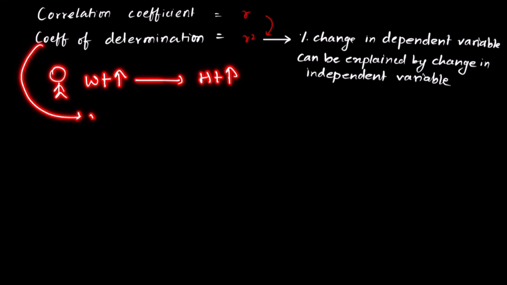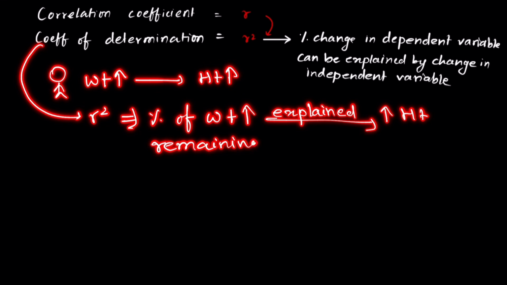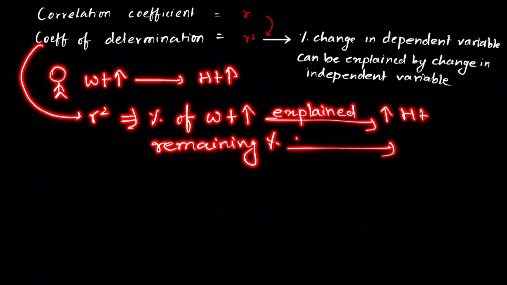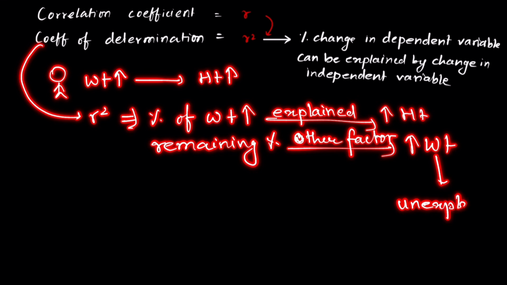Now coefficient of determination tells you what percentage of increase in weight of this person is explained by increase in height, and obviously the remaining percentage tells you that there are other factors responsible for the increase in weight, which is unexplained under the study.